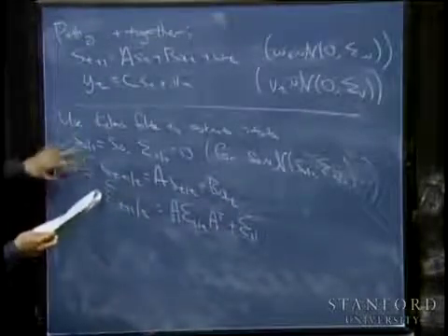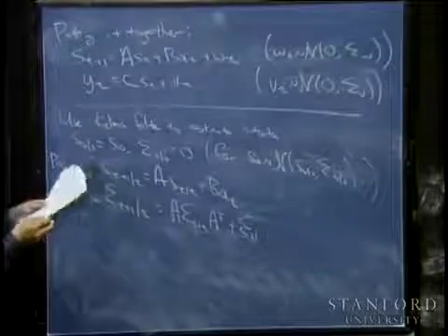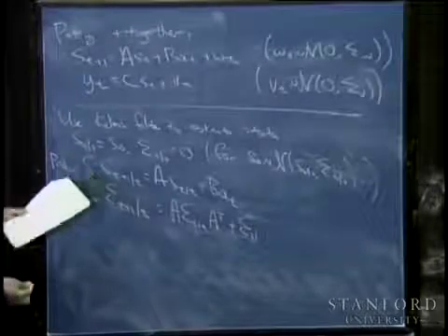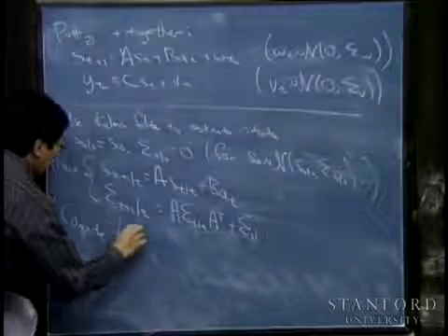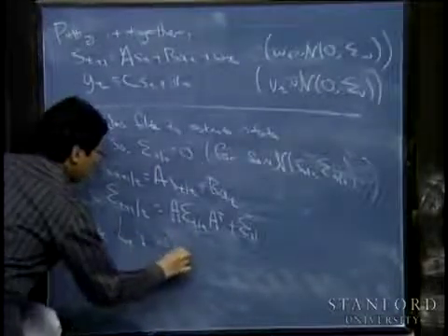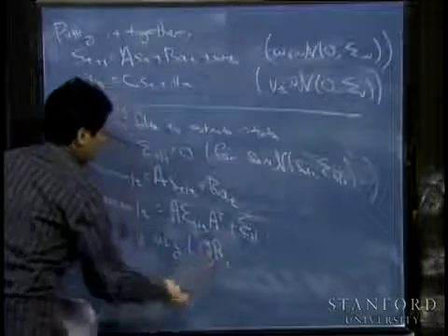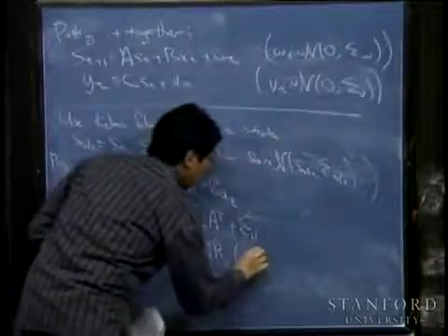So this takes care of the observations. And then the other thing you do is compute L_t using LQR.